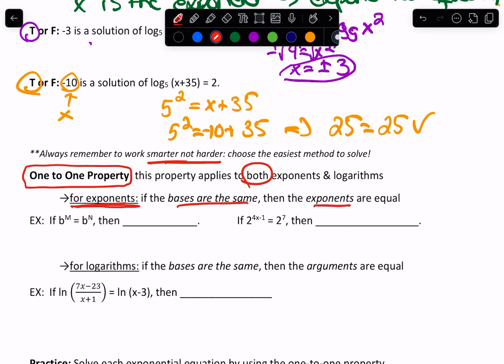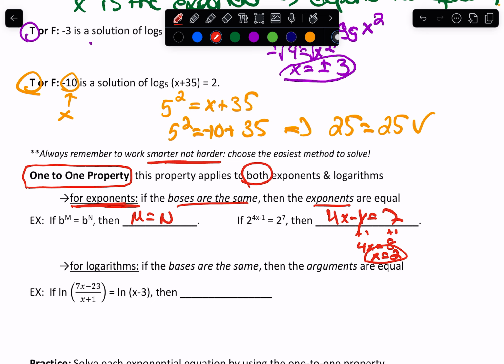So if b to the power of m equals b to the power of n, then we can say that m equals n. And if 2 to the power of 4x minus 1 equals 2 to the power of 7, we can say that 4x minus 1 equals 7. So the exponents are the same. And now we can solve this by adding 1. 4x equals 8, x equals 2.